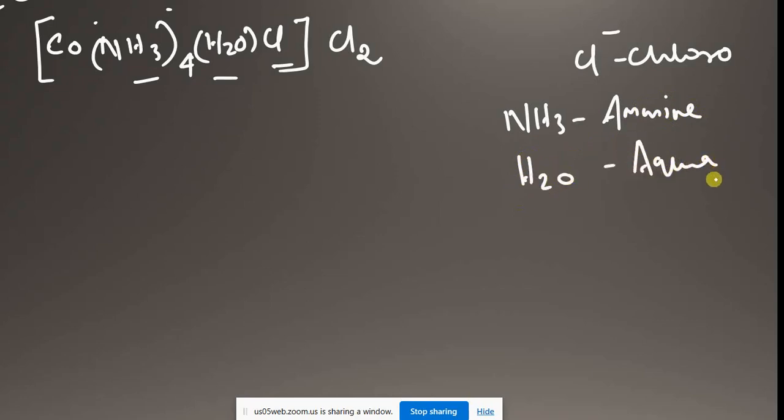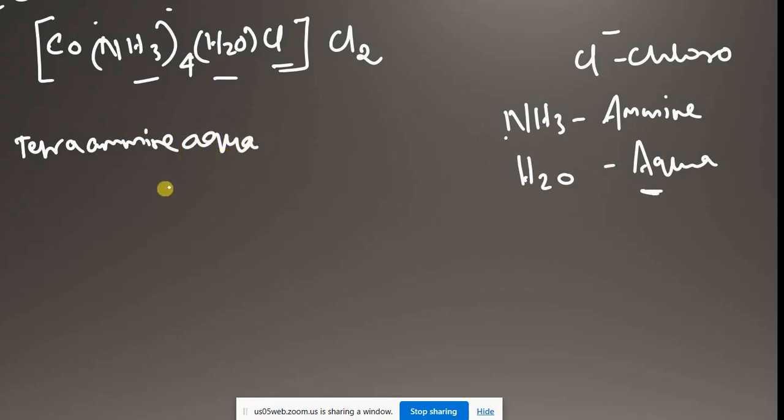As we saw earlier, when amine and aqua come together, amine should come first. So how many amine are there? Four amine. Tetraamine. And then how many aqua? Only one aqua, so no need to write anything. Tetraamine aqua.